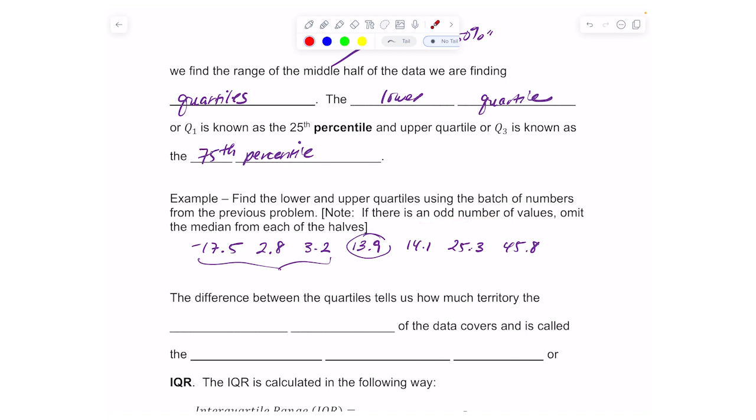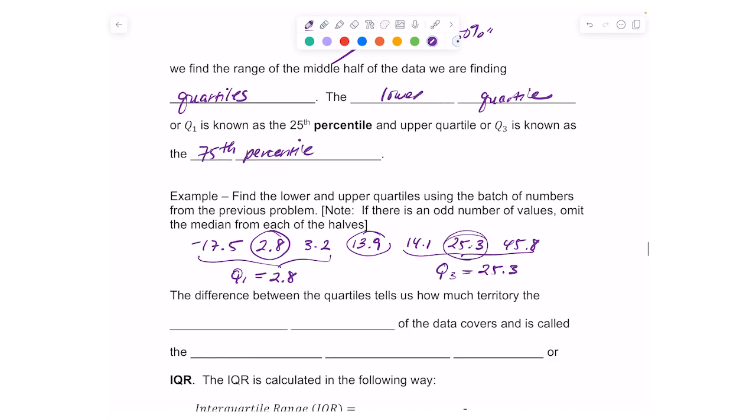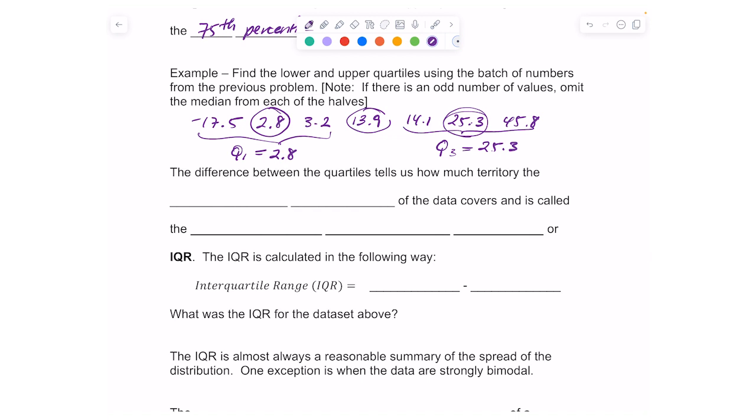So all I need to do to find my lower quartile, or the 25th percentile, is just find the median of these numbers here, which is 2.8. So here's my Q1. And then to find my upper quartile or third quartile, I'm going to look at the upper set of numbers. And my Q3, or 75th percentile, is 25.3. So it's that easy to find the quartiles. Your calculator will also find them for you when you're finding 5-number summaries, which is in the next video.